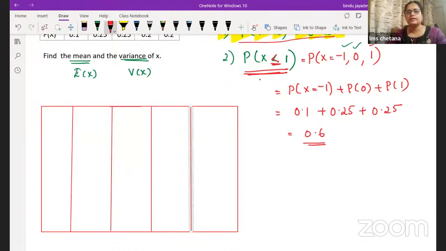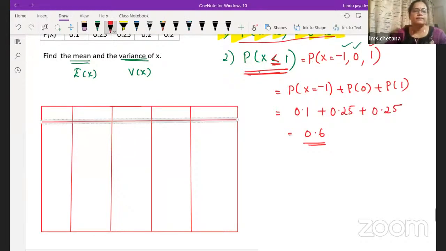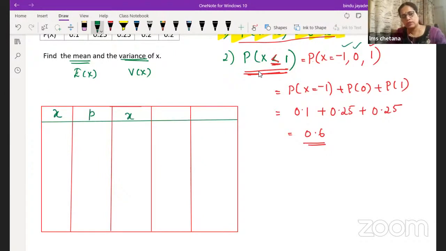Then write the column headings. Yes, columns are ready. This is X. This is P. This is X square. This is X into P. This is X square into P.